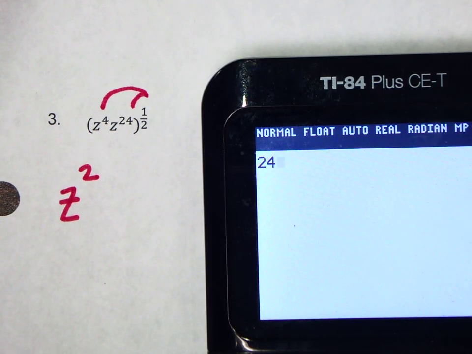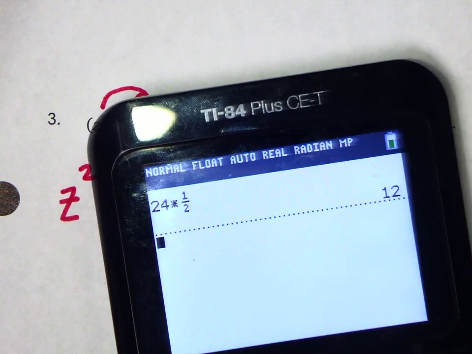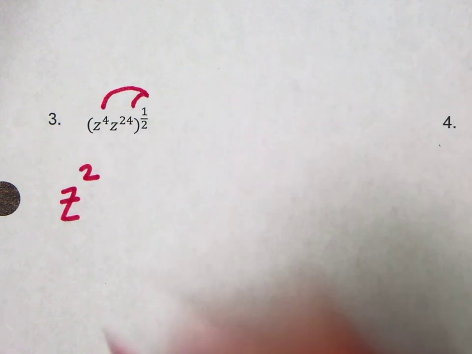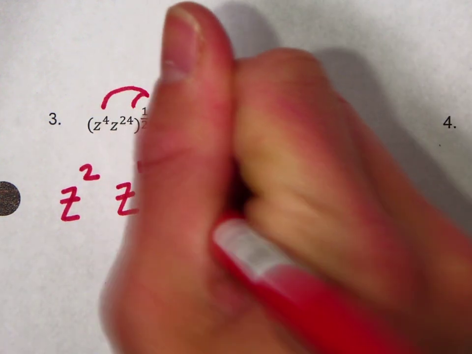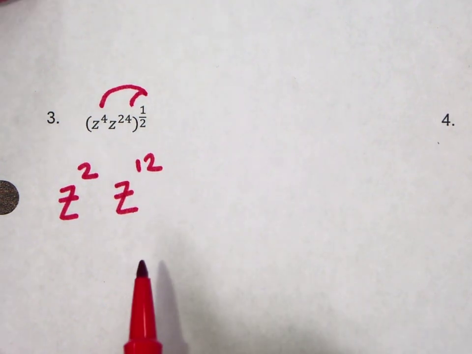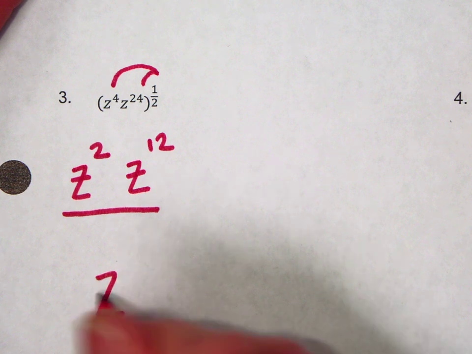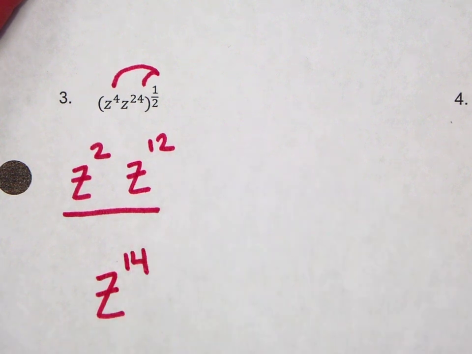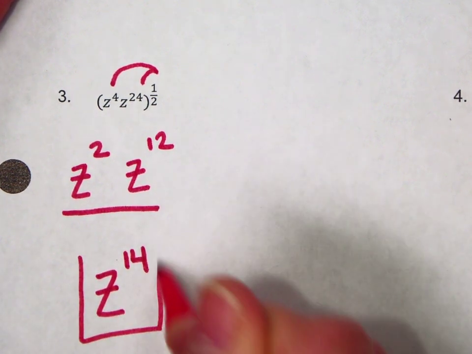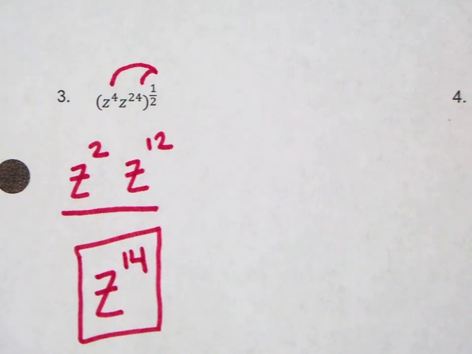And then 24 times 1/2, which gives you 12. All right, and then just like we did number 1, since both of these are z's, I can combine them, and when you combine, you add your exponents, and so that's going to be z^14.